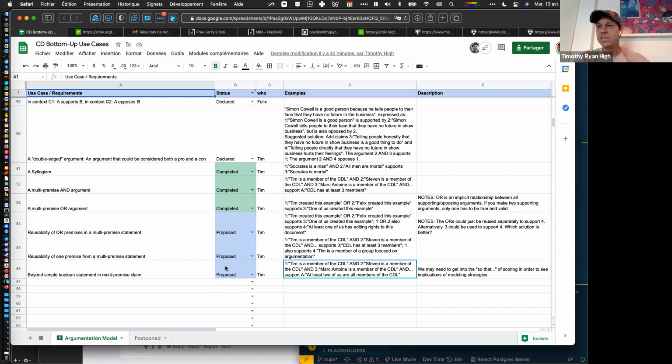Only one of those needs to be true for that to be correct, assuming it's deductive, assuming deduction.